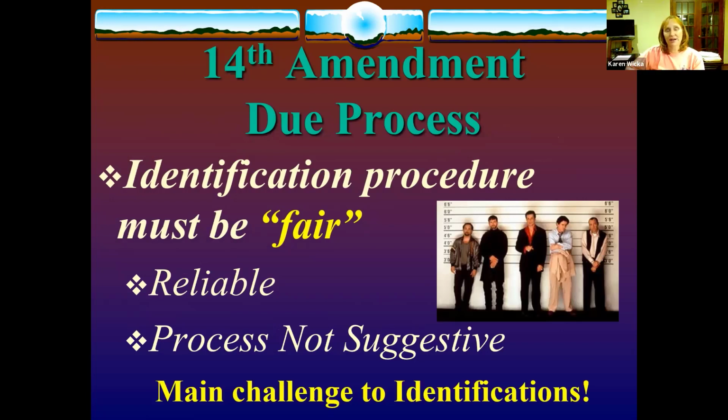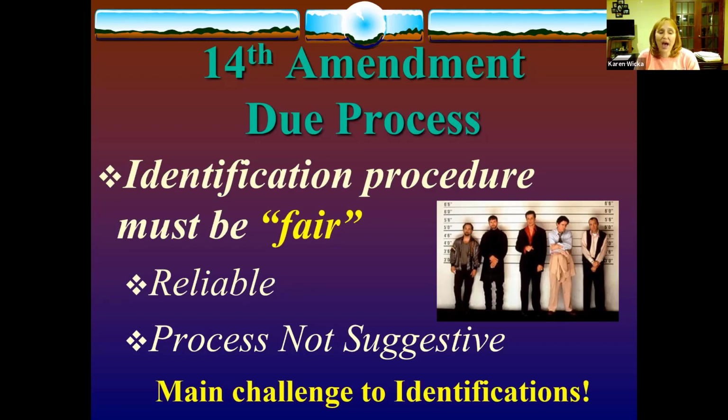When you are conducting pretrial identifications, you have to make sure as a police officer that the process you're using is done in a fair way. That means that it's not suggestive. You're not hinting or suggesting or pointing out or doing anything to influence the witness. The witness has to decide who the person is out of their own free will with no influence from anybody else. So number one, it cannot be suggestive.